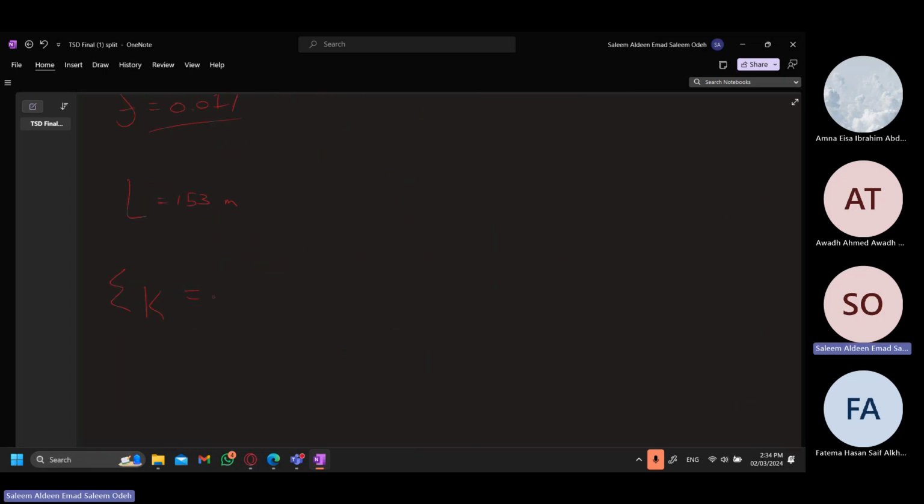So the summation of loss coefficient would be the K value for the basket strainer, plus 3 90-degree elbows, plus the K value for a check valve, plus the K value for an outlet, which could also be written as exit.